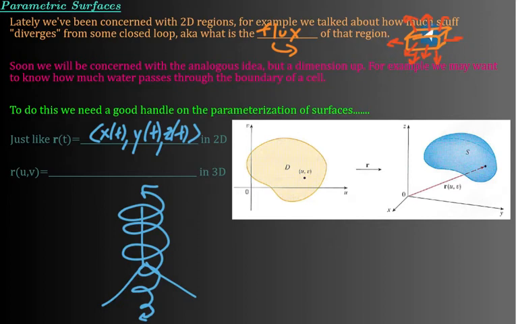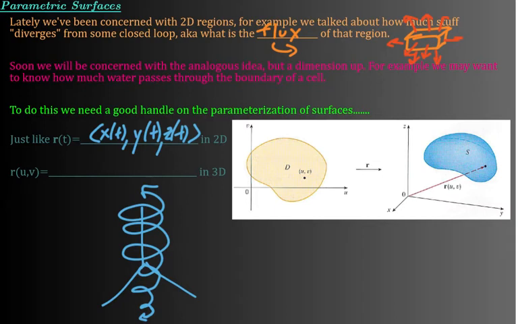That's more typically where we think about flux, as an object and some sort of surface, and we'd be talking about the stuff leaving that closed surface. These are reasons why we will need to know how to parameterize surfaces: the same way that we work with parametric curves to do line integrals, we're going to need to parameterize surfaces to do similar stuff.